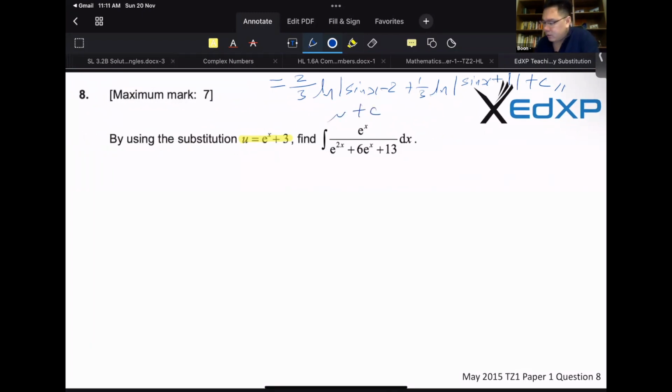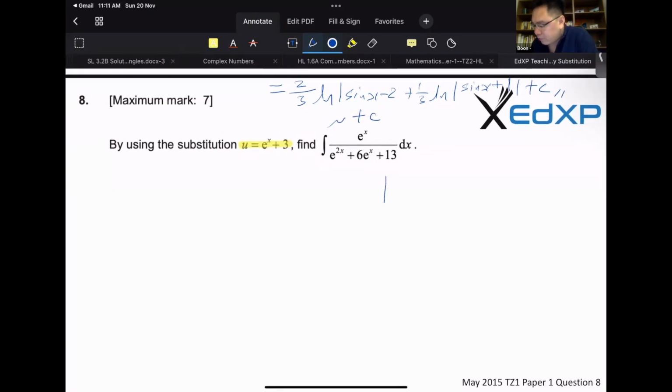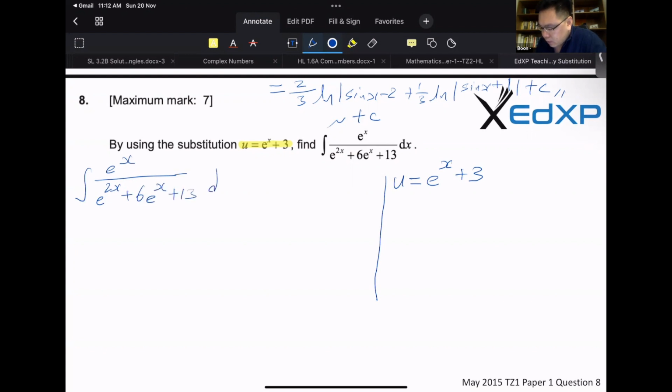Same thing, I will do my right hand working on the right. So that's u is equal to e to the x plus 3. And I will start writing my actual question on the left. So we're integrating e^x over e to the 2x plus 6e to the x plus 13 dx.